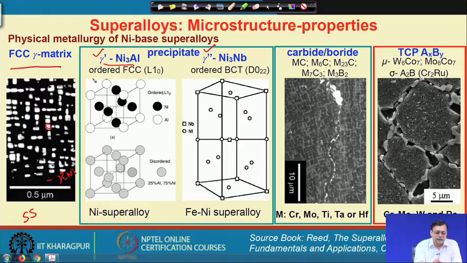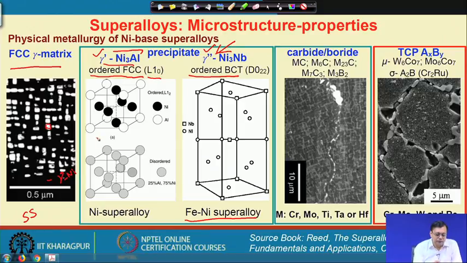In one case it is an ordered FCC structure, called L12, and nickel 3 niobium is D022. Specifically, in nickel based superalloys, we only get nickel 3 aluminum. However, in iron nickel superalloys, let us say the Inconel series, where there is a substantial amount of iron inside, we get this gamma double prime phase, which is an ordered BCT, body centered tetragonal structure.